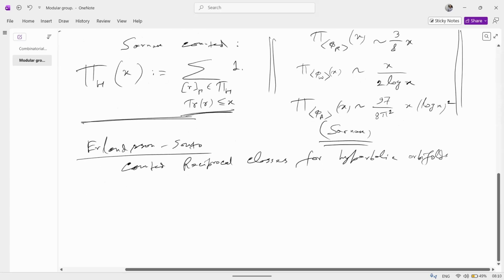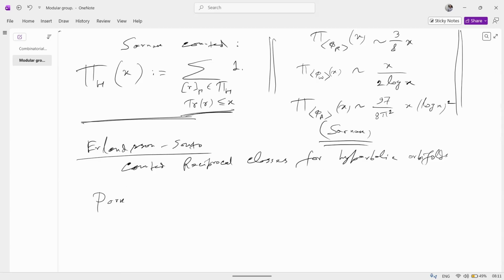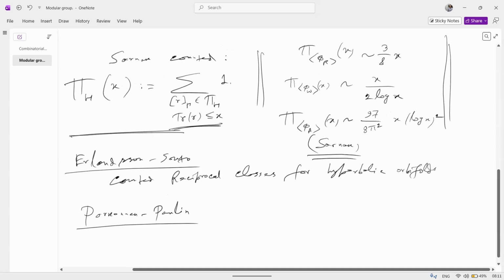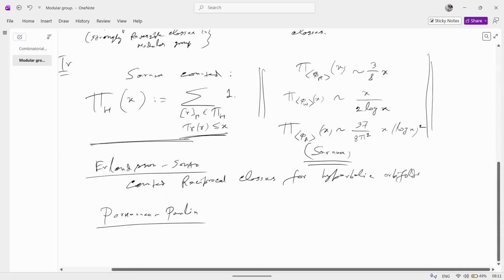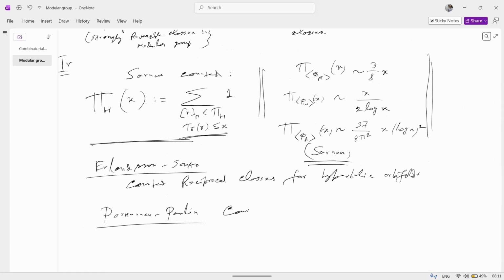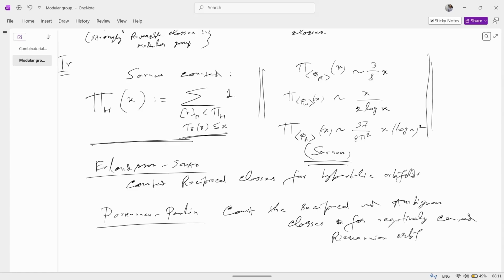And in another direction, Parkkonen and Paulin, they have also used a certain thermodynamical approach to count the reciprocal and ambiguous classes for negatively curved Riemannian, I would say, orbifolds.